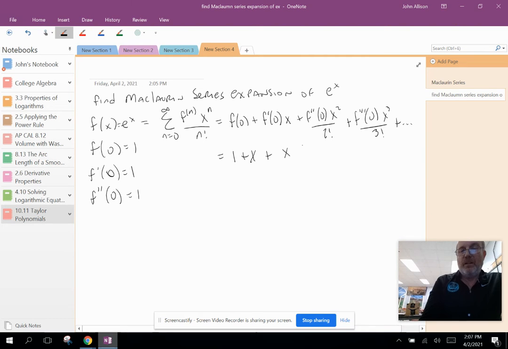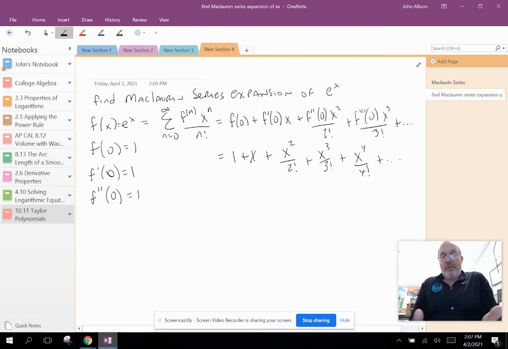Plus x squared over 2 factorial plus x cubed over 3 factorial plus x to the 4th over 4 factorial plus this just keeps going, the pattern continues.